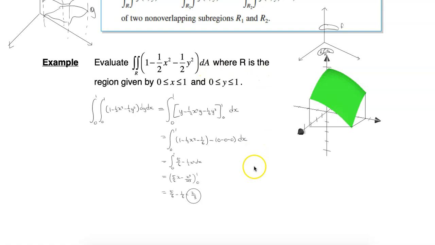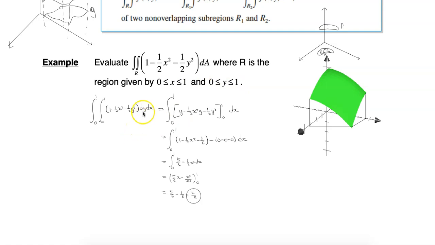Alright, so here's the representation of the surface, and we are integrating on a square, which is not very square here, but we are integrating on a side 1 square. So we integrate from 0 to 1 and from 0 to 1. The limits of integration were given right there, and all these steps from here on are pretty easy.